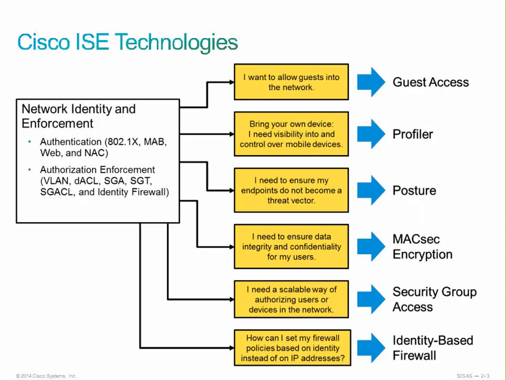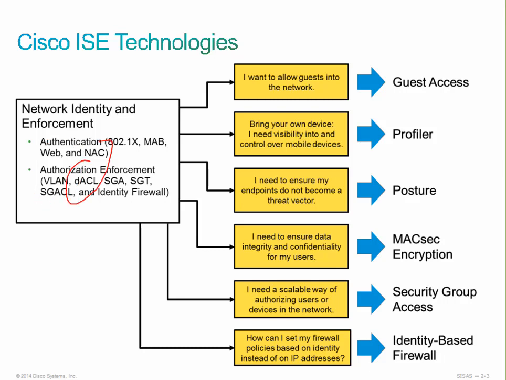And then those are some of the authentication components, but we also have different authorization pieces, right? Once you've been authenticated, what are some of the options that we have for providing some sort of authorization? Are we going to apply, in this case, a VLAN to the individual?